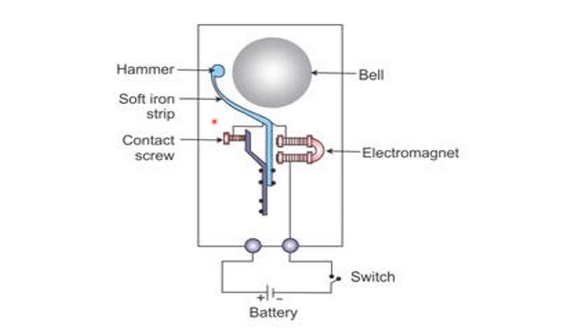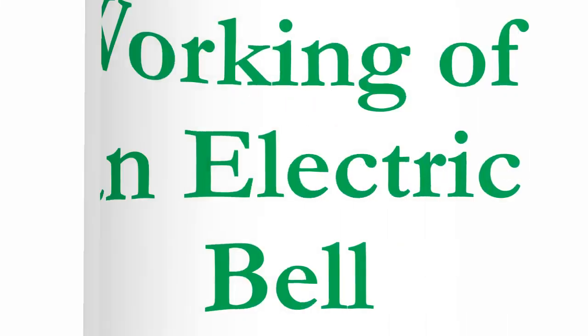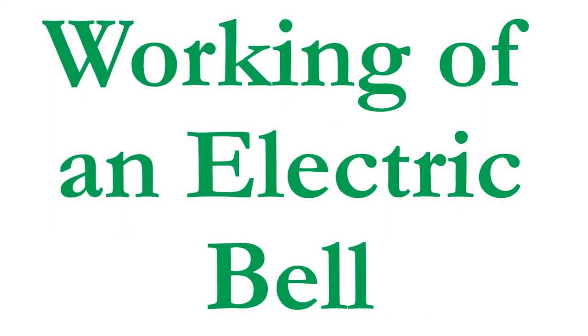And one important component is the contact screw. We just looked at the basic but important components of an electric bell. Let us now check the working of an electric bell.